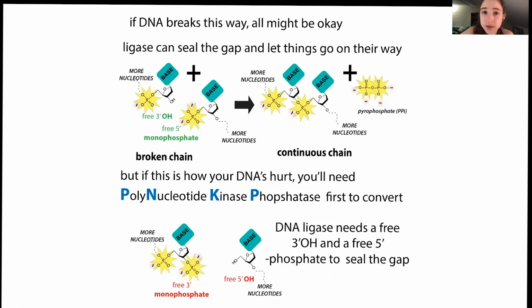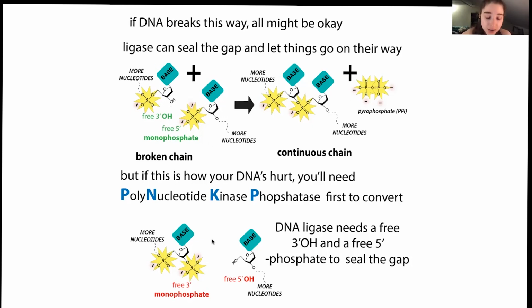So there's one other note. Sometimes DNA can break in a different way. If you have the DNA break so that you have a free 3' OH and a free 5' phosphate, now you can have the ligase reaction just like we talked about.